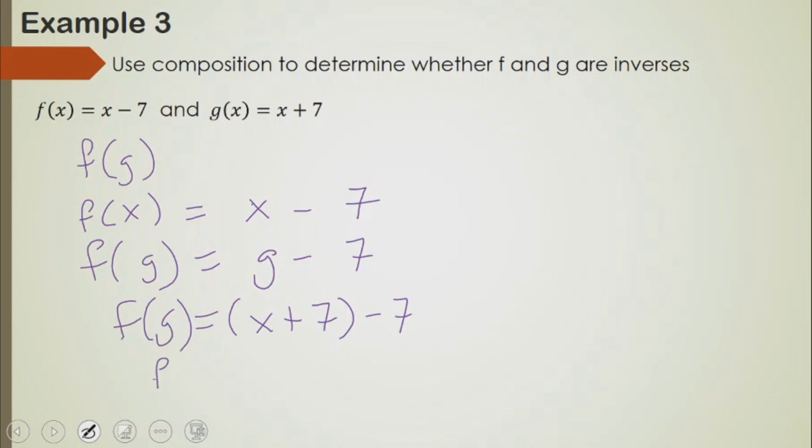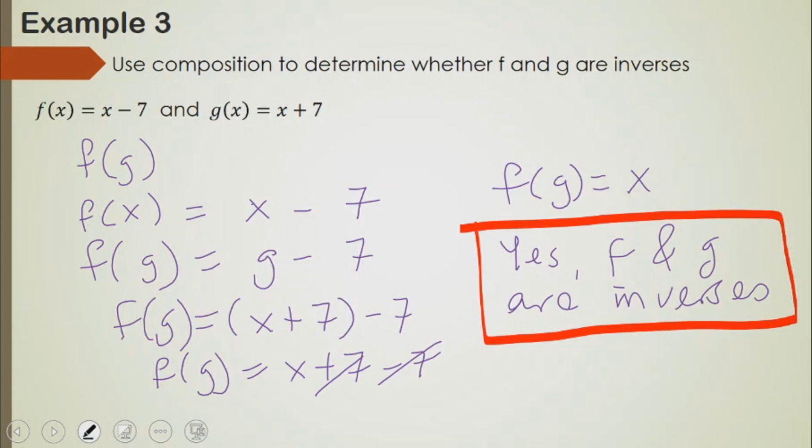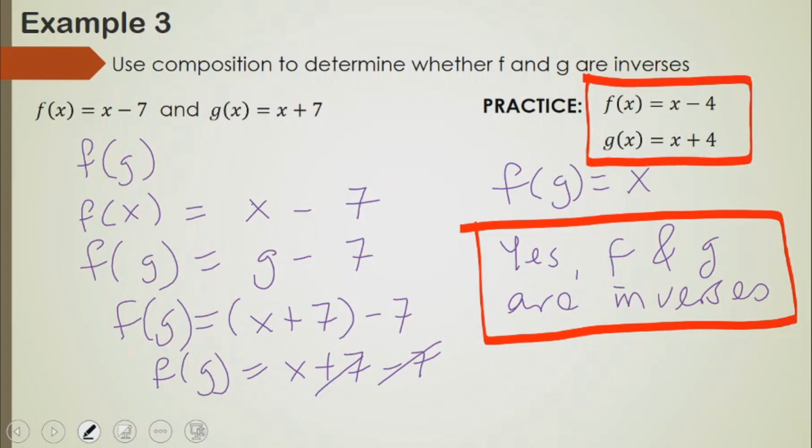So you can see already, this will be x plus 7 minus 7. So 7 minus 7 goes to 0. So in this case, f of g equals x. So yes, in this case, f and g are inverses. So I need you to use this question to practice this particular example.